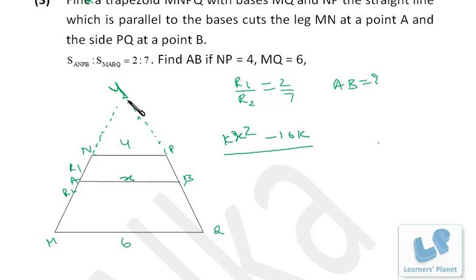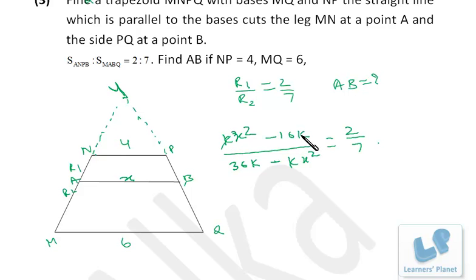Divided by the area of this complete triangle, which will be in proportion to the square of this side. So that's 36k minus the area of this triangle, that is in proportion to the square of this side. So that's kx square, right? And this ratio is given to us as 2:7, right?